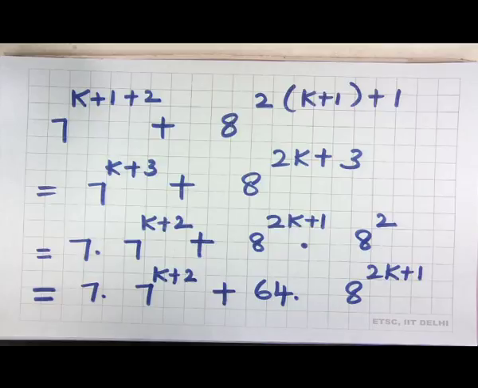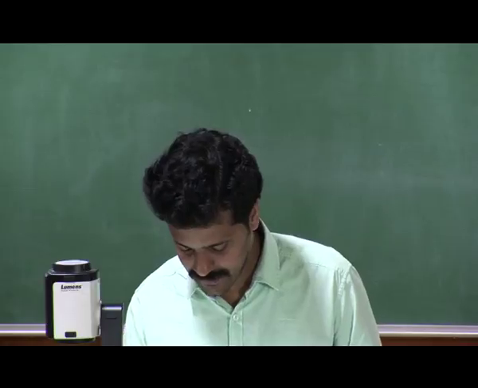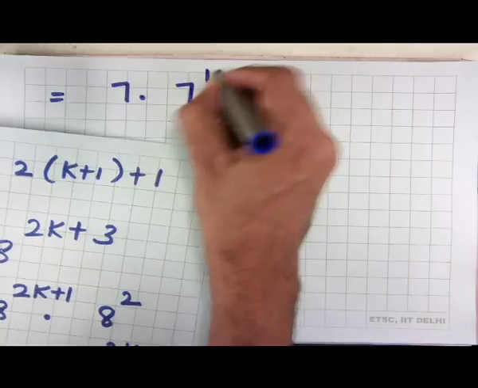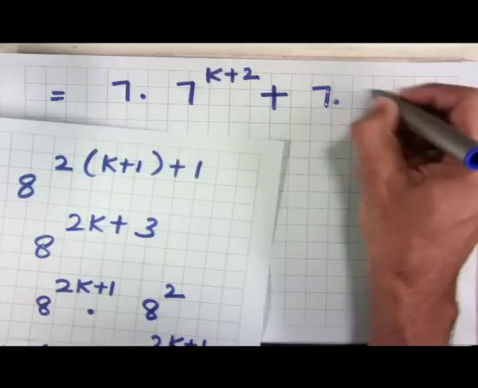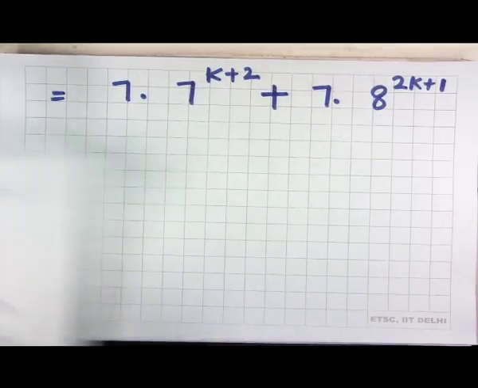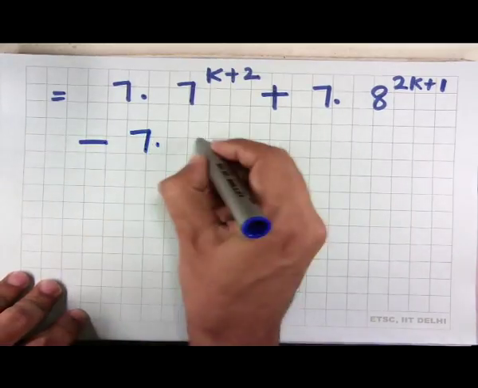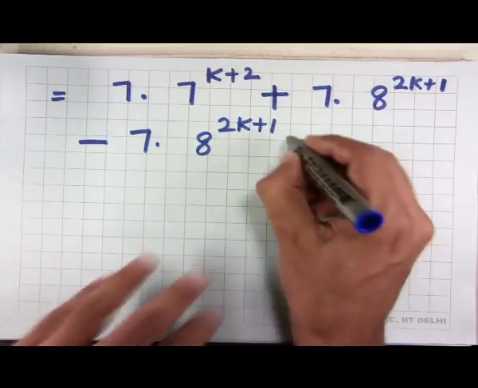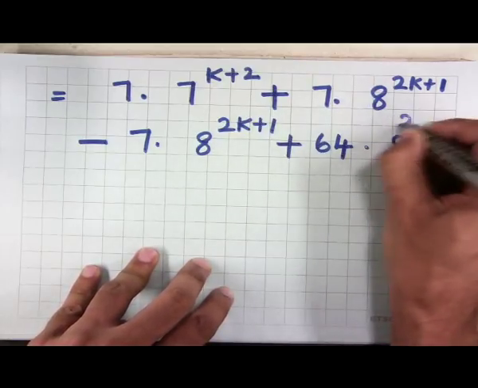Keeping that in mind, let me manipulate the RHS as follows. This is 7 into 7 power k plus 2 plus 7 into 8 power 2k plus 1. I am adding that 7 into 8 power 2k plus 1. To nullify the effect, minus 7 into 8 power 2k plus 1, and the last term I am writing as it is, 64 into 8 power 2k plus 1.